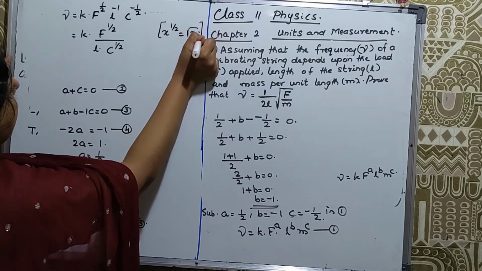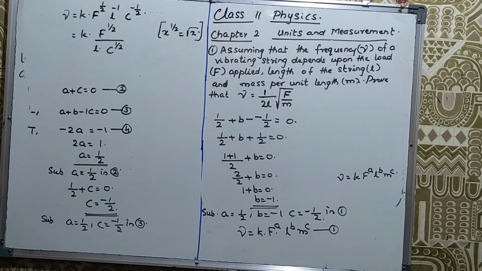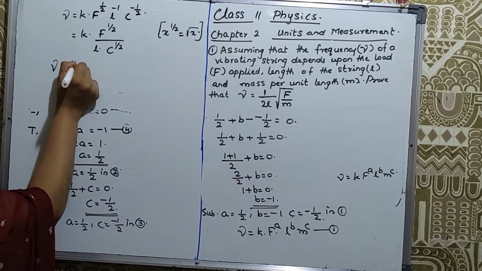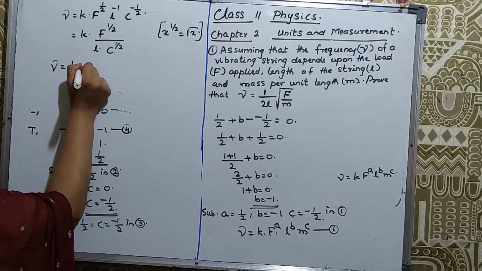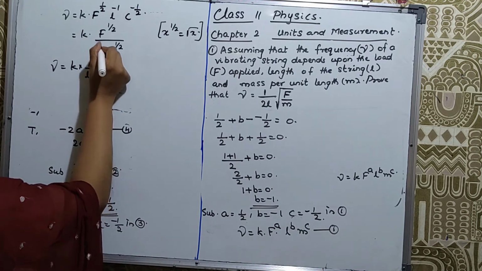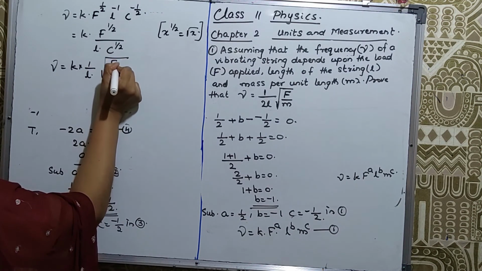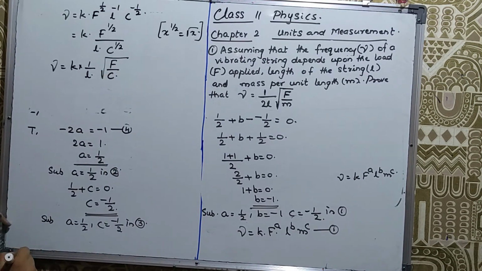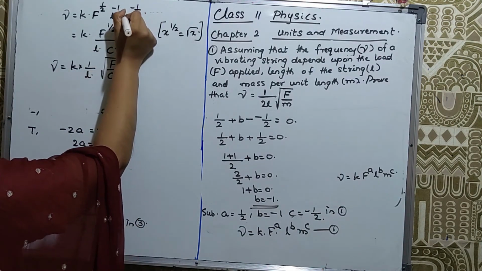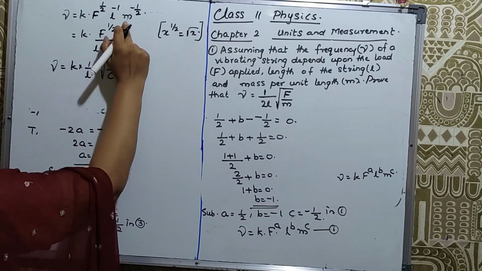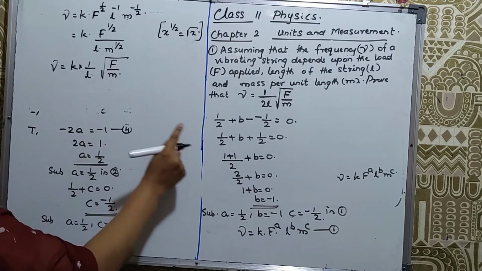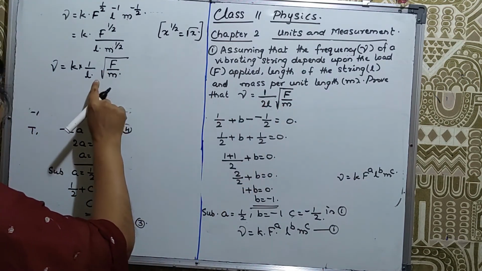So we'll write the terms containing the power half in the root sign. So it will be nu equal to K into 1 by L into root of F by M. Now we got 1 by L into root of F by M.